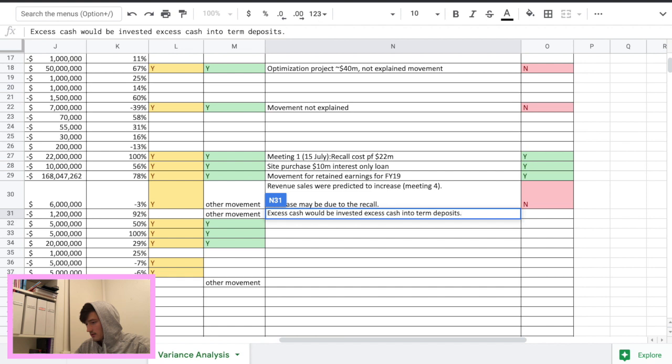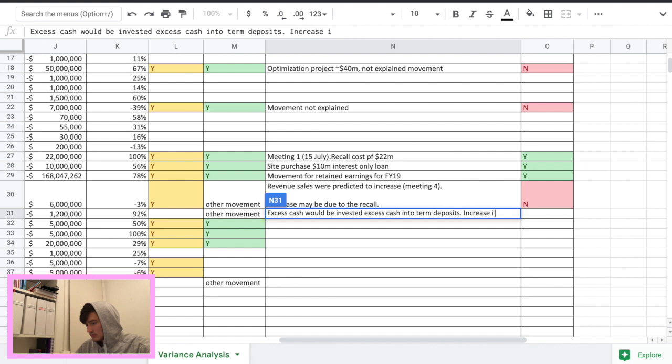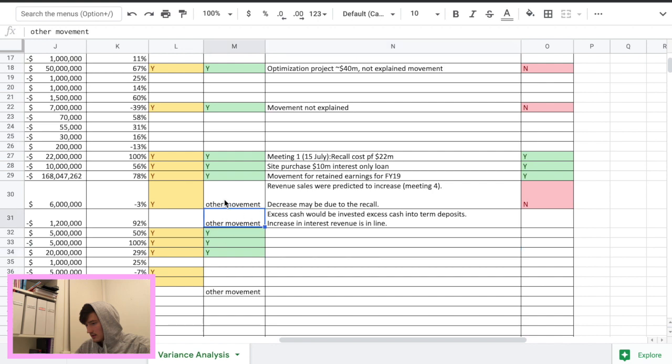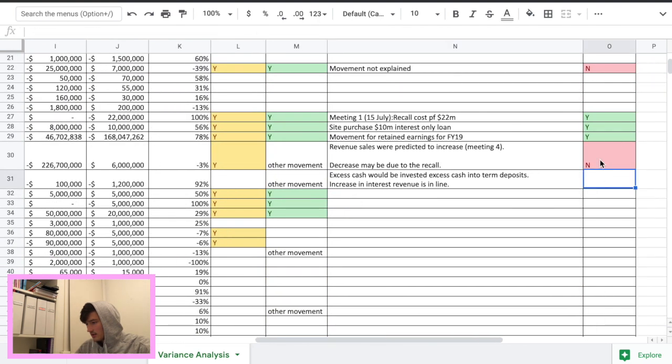Okay, great. Seems in line with what's happening. Put that down there and we can say, so it matches up with that top one.